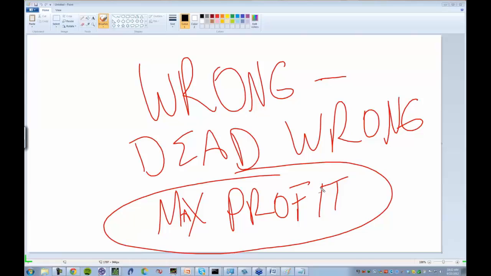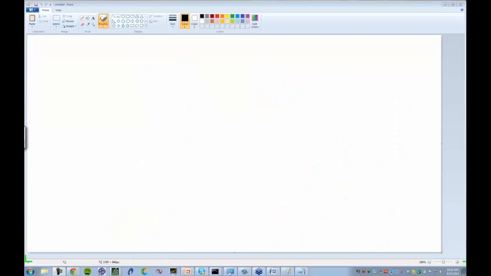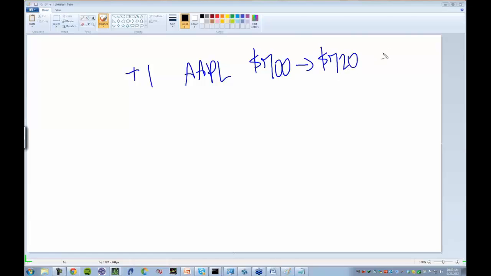Now, this leads us to the one factor that I still don't like about spread trades, and I'll show you how I dealt with it. What I did not like about spread trades was that I looked at them as very limiting for potential profit. For example, if I bought one Apple $700 call, okay, and Apple went to 720, then I could make easily $1,000 per contract.